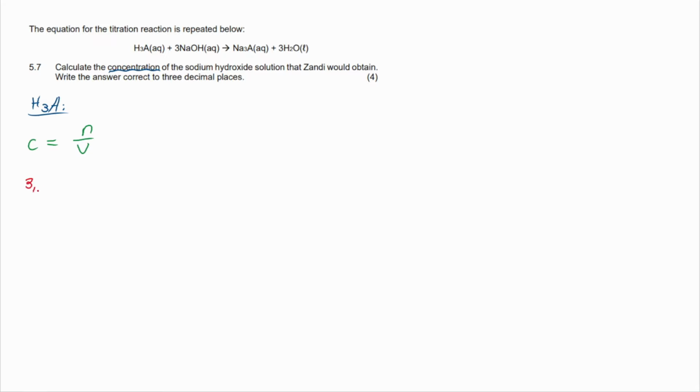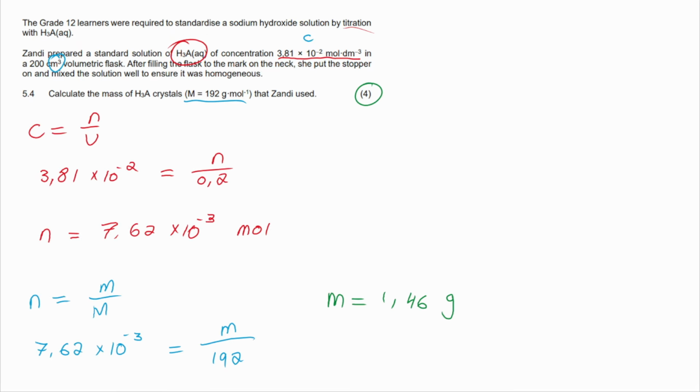What's actually interesting is I think I already worked out the number of moles, but I'll do it again. Oh yes, I worked out the number of moles, but that was for a different volume, a volume of 200 centimeters cubed.